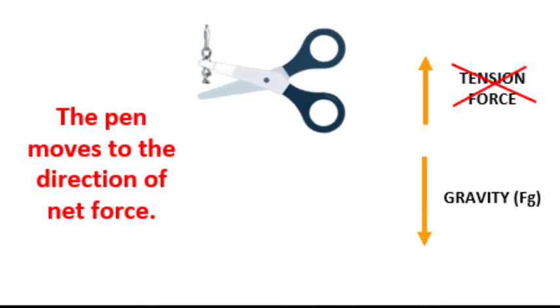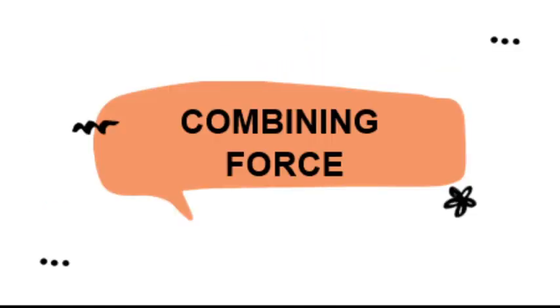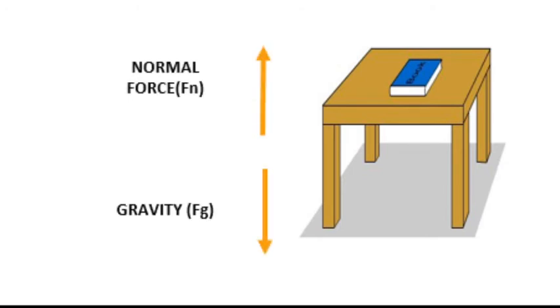Now let us discuss combining forces. When we combine or add forces to determine the net or unbalanced force, let us recall the algebraic signs of positive and negative. To indicate the direction of the forces, unlike signs are used for forces acting in opposite directions.